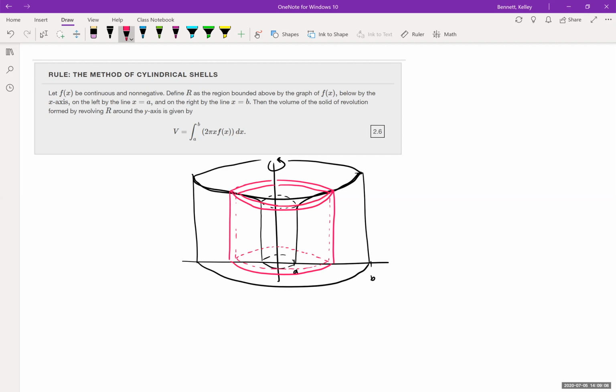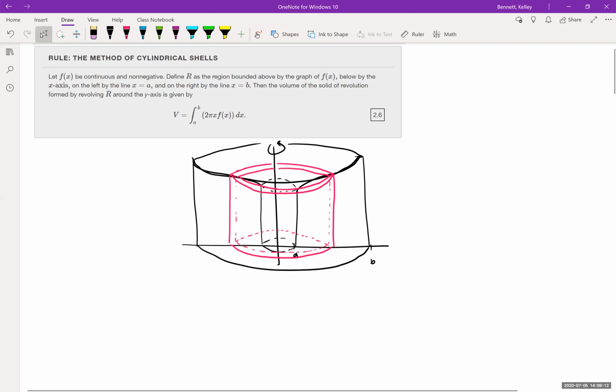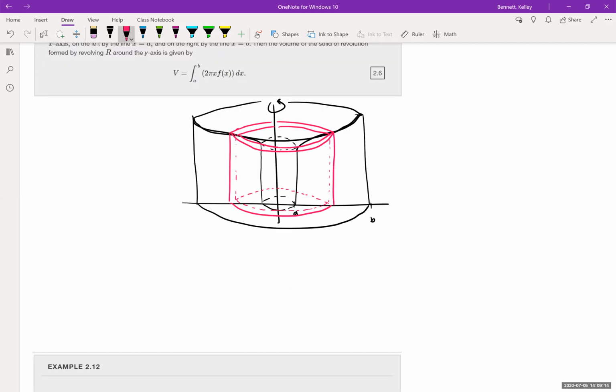What you have is a cylinder that's chunked out from this solid of revolution. And the idea is that we can easily compute the volume of this cylinder.